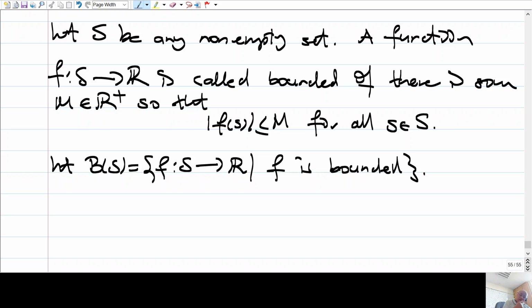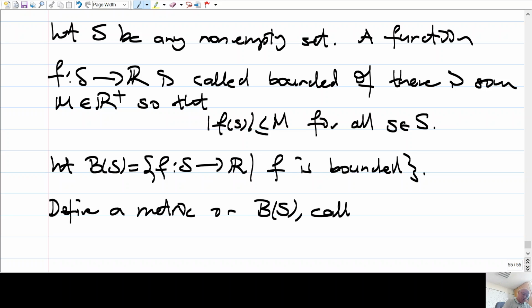Then we define a metric on B(S), called the uniform metric, as follows.